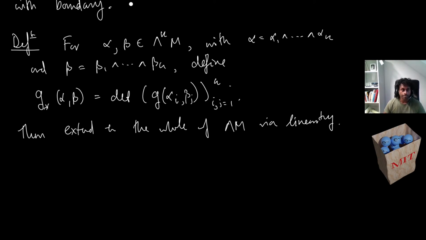Well, I mean, it's a k-form that can be expressed as the wedge product of k vectors or covectors. And the point is that you initially define it for those, and then of course you can extend it to all of lambda m, right? Because a general form on lambda m is going to be a linear combination of these objects.